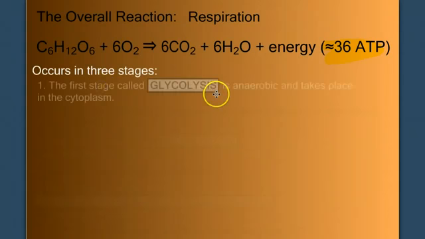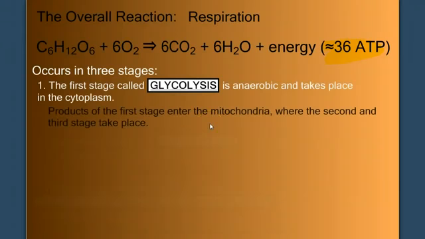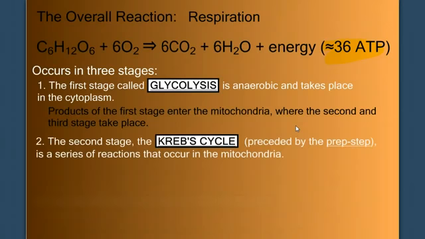Cellular respiration is going to occur in 3 stages. The first stage is called glycolysis. It's an anaerobic stage that takes place in the cytoplasm. The products of glycolysis will enter the mitochondria, where the second and third stages of respiration occur. The second stage of respiration is called the Krebs cycle. It's preceded by a preparatory step, and is a series of reactions that occur in the mitochondria that are often referred to as the citric acid cycle, because the first intermediate made is citrate or citric acid.